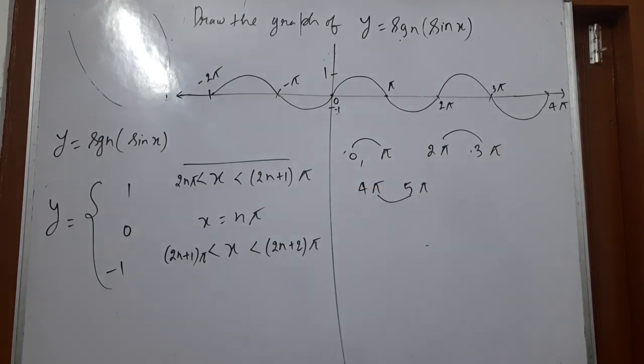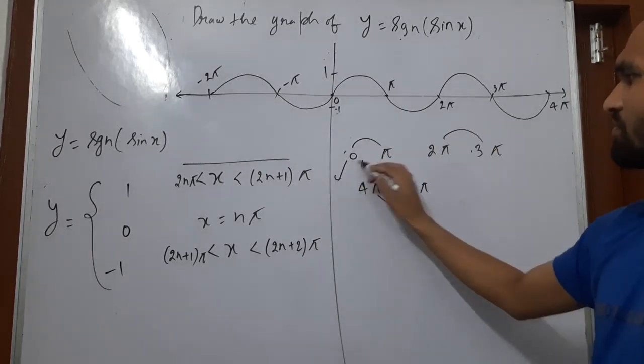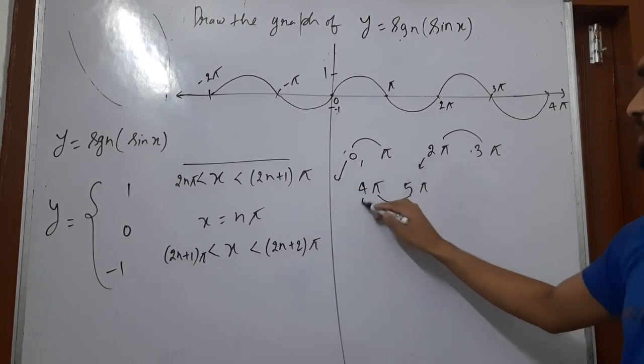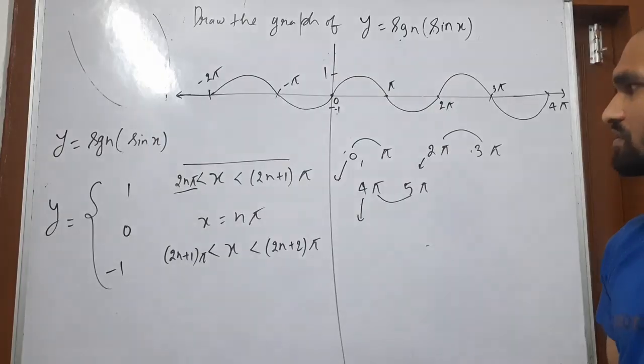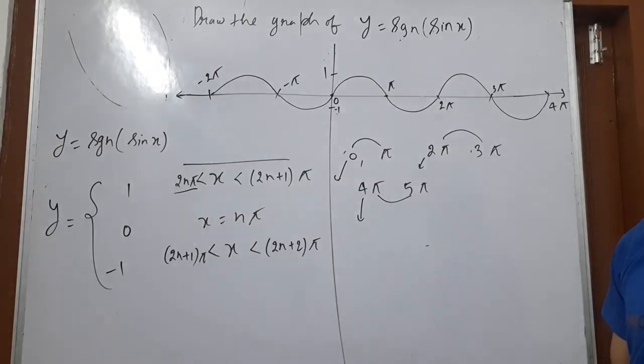the general form of this interval is that the first values are even values. So we have taken 2n pi because 2n pi is even.